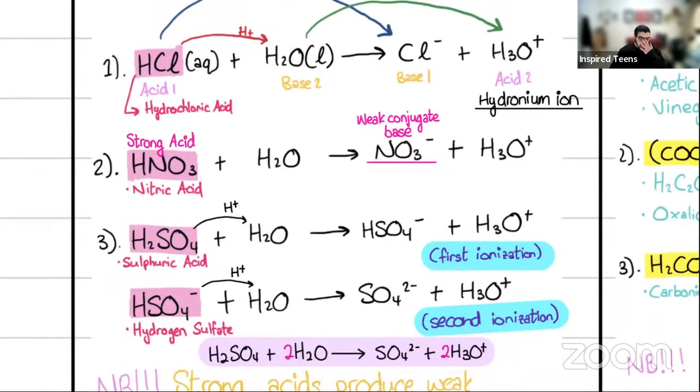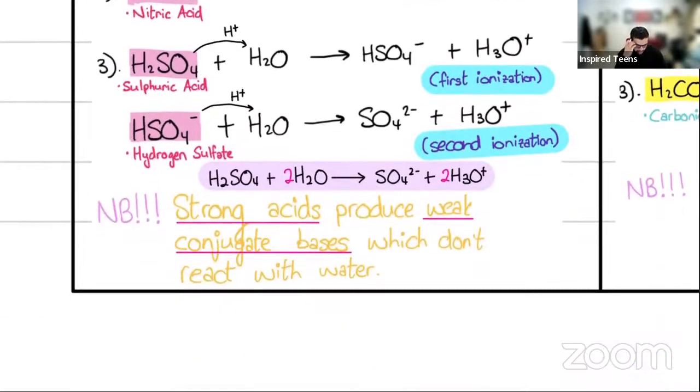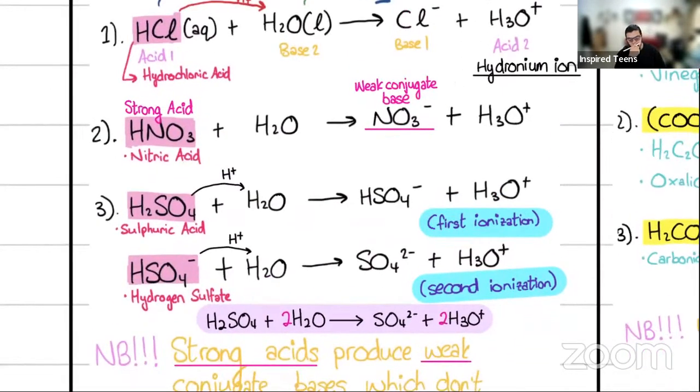So the conjugate base that forms from a strong acid is always weak. This is important for us to know, and it will not react in water.